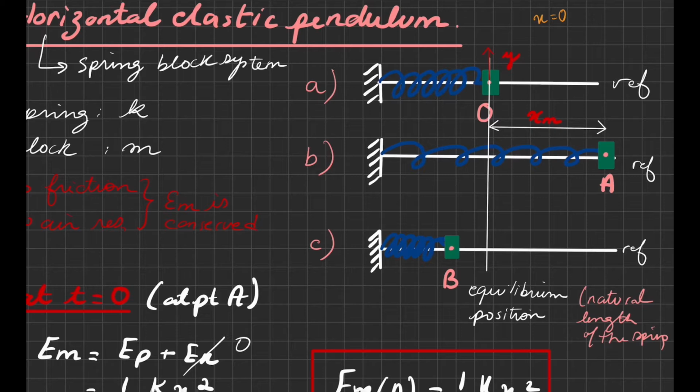When the object is at maximum expansion, x equals, let's say, plus xm. When it is in minimum compression, x equals minus xm. So what we end up with is a sine function between plus xm and minus xm.